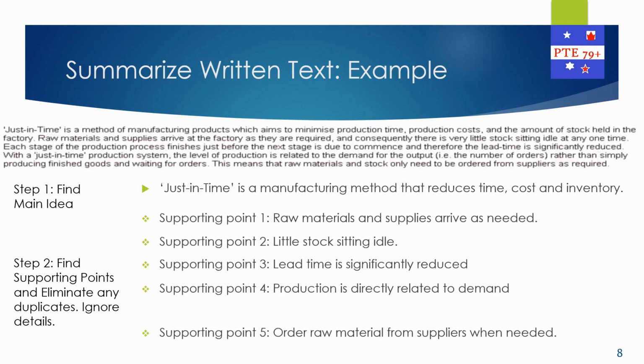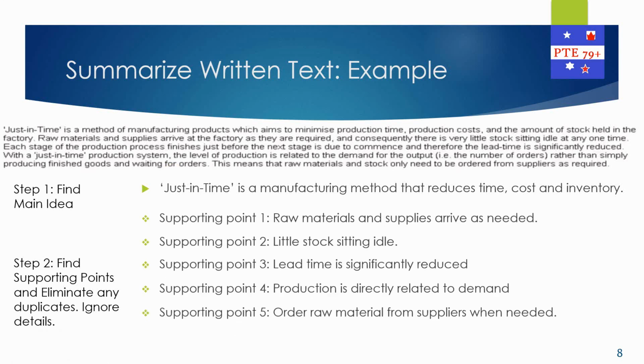So I feel that there are five supporting points here. After the main idea, if you see the second line, raw materials and supplies arrive at the factory as they are required. So raw materials and supplies arrive as needed. Consequently, very little stock is sitting idle.